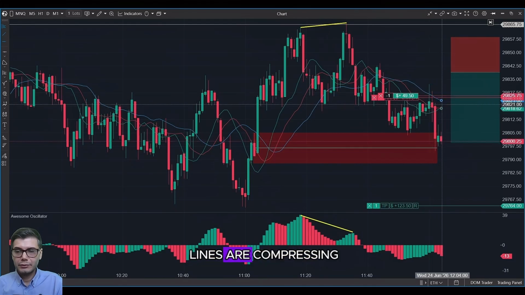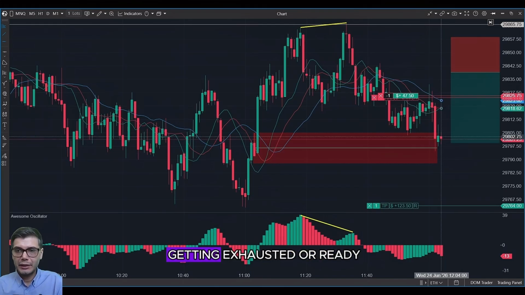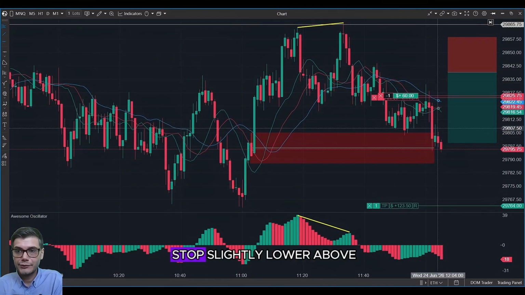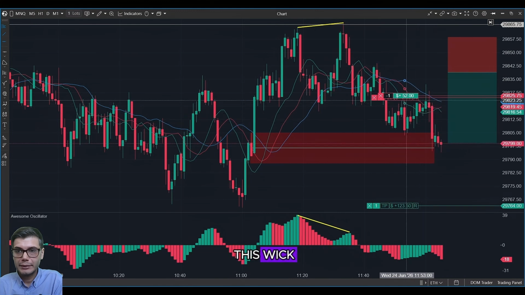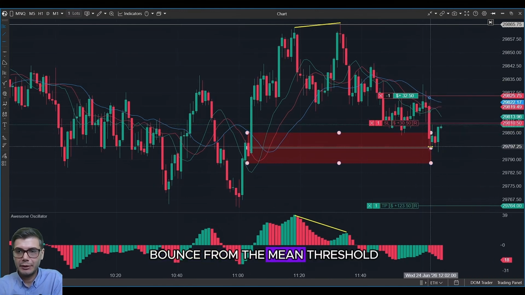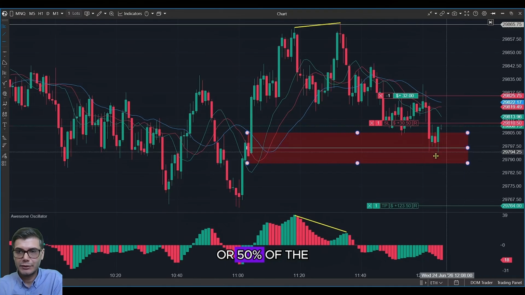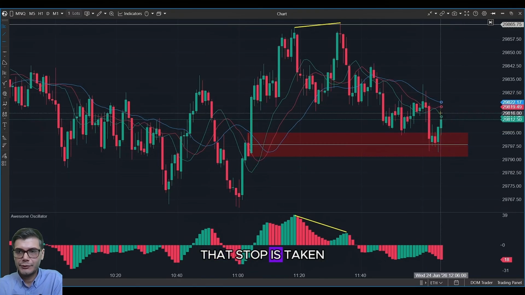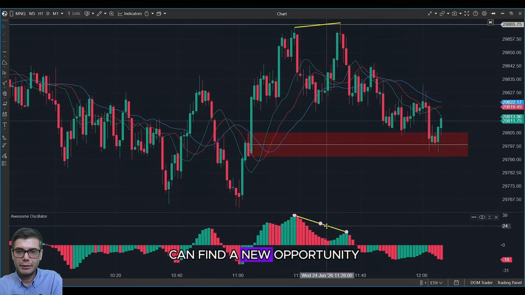The lines are compressing, showing the market is getting exhausted or waiting for a correction. I can move the stop slightly lower above this wick. We are having a bounce from the mean threshold or 50% of the previous cross, which is here. That stop is taken.